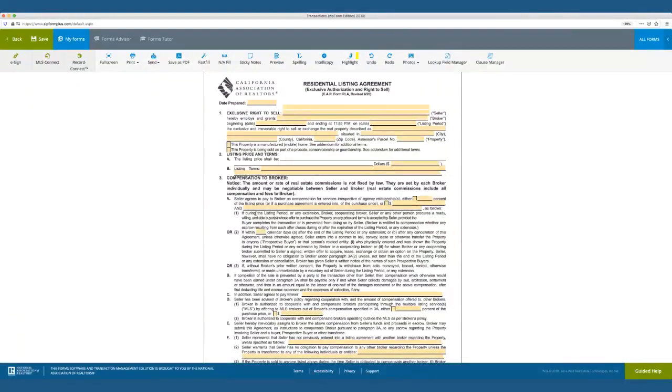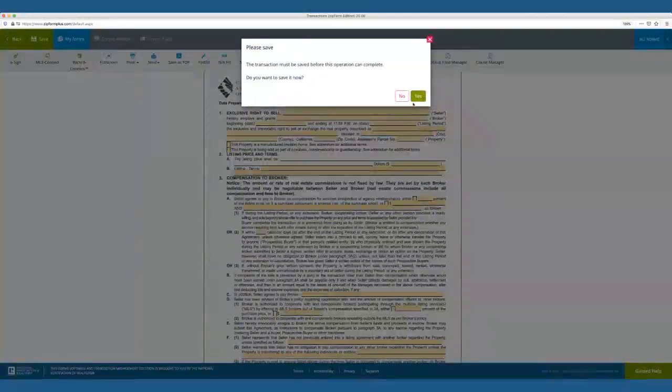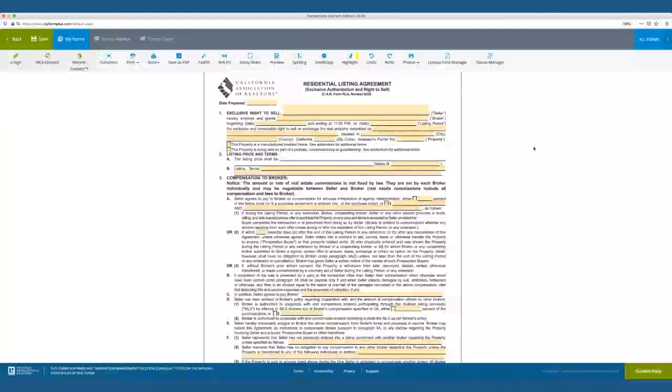You can search by address, and then it'll give you the parcel number. So that's where you find the parcel number. So there you go, Bruce.